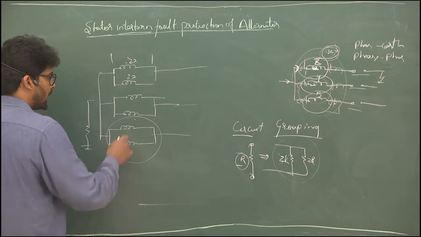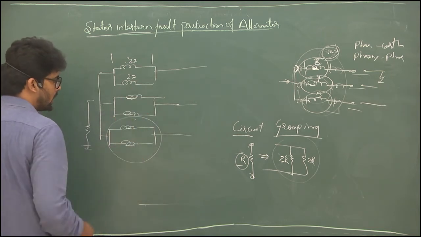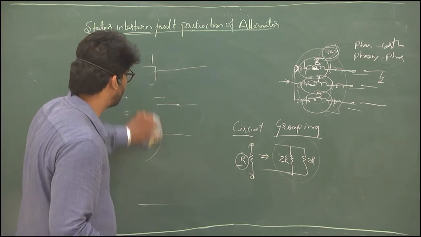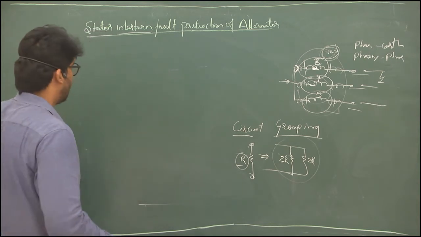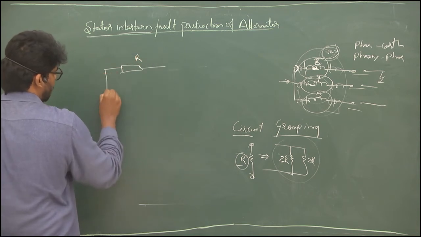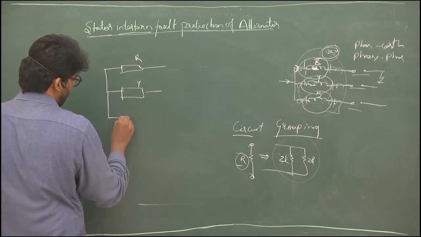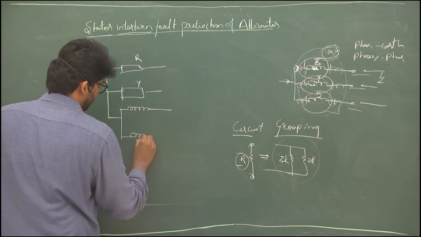The fault may occur at any place, wherever the fault occurs. For explanation purposes, I'll take one section and keep CTs with the support of a relay coil. This is the R section, this is the Y section and this is the B section. I am considering the B section with two coils.